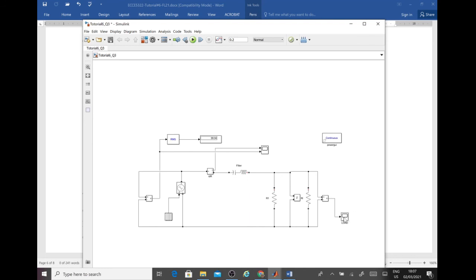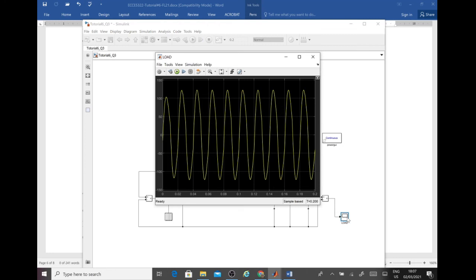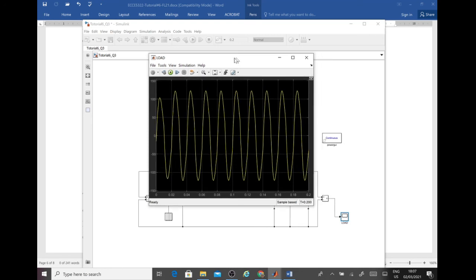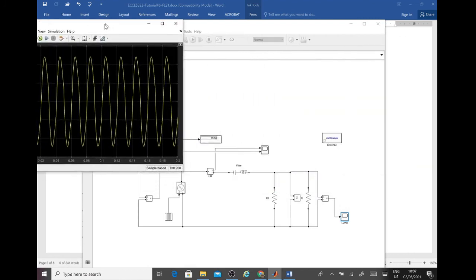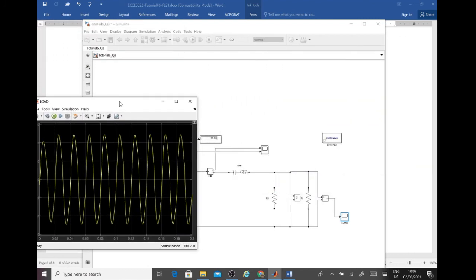Okay. Now if we would like to monitor how the voltage looks in this case, so this is how the voltage looks. So you can see that the voltage waveform really becomes sinusoidal. Okay, so by putting in the band pass filter, we are able to block most of the harmonics.